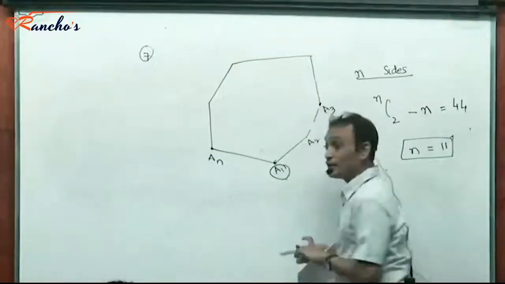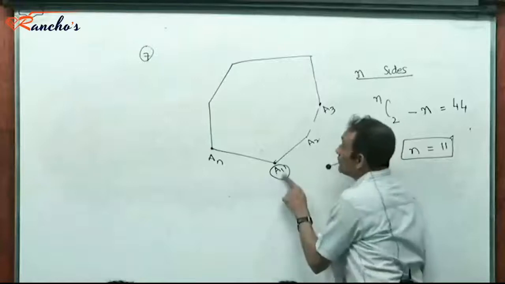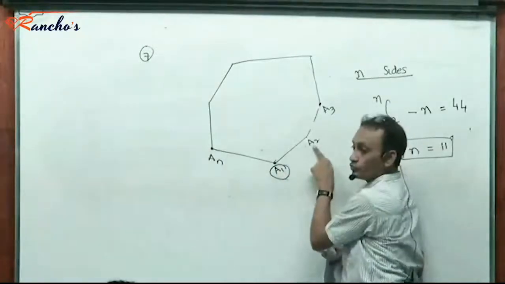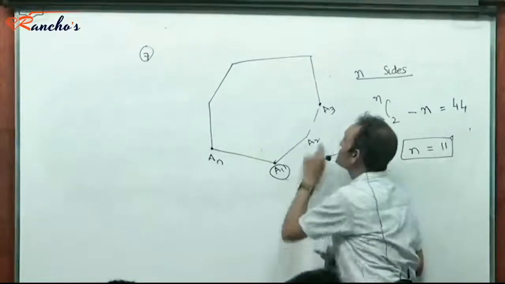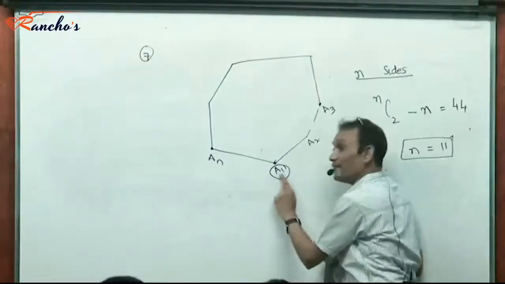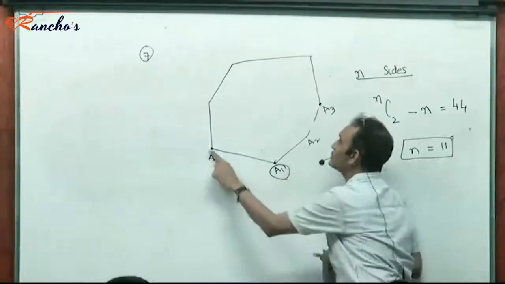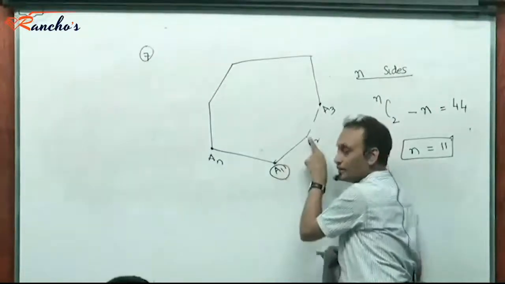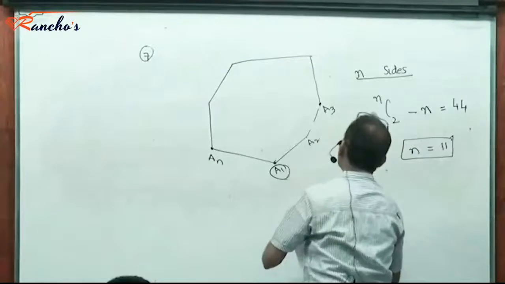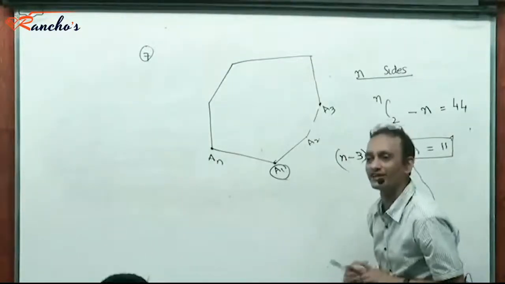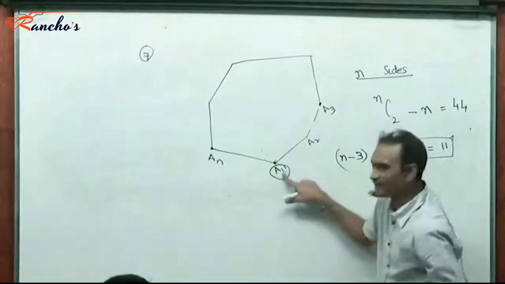Now, to create a diagonal with one vertex A1, you can't select AN or A2. That means you can't select any one of these three vertices. With A1 as one end of the diagonal, you are prohibited from selecting these three vertices, so you could only select any one of the remaining n minus 3 vertices to produce a diagonal.